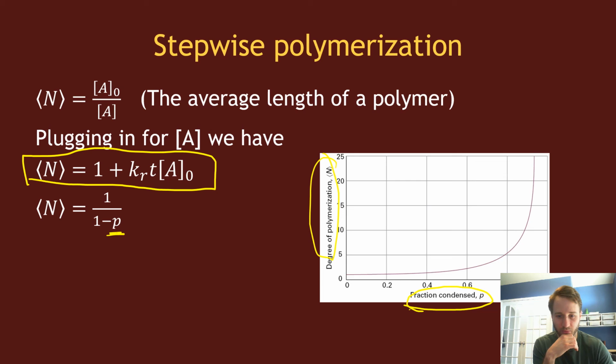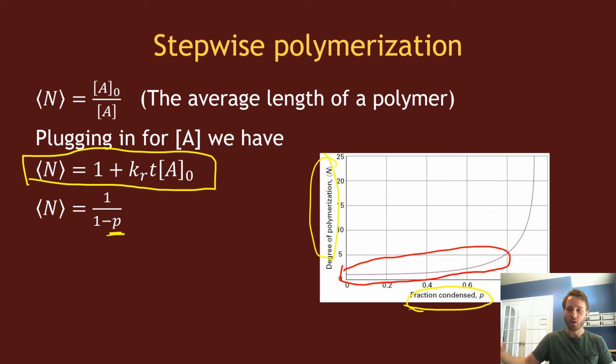The average polymer length is relatively short while most monomers are still alive, because in this stepwise polymerization any monomer can react with another monomer. So initially you're just forming hundreds of length 2, length 3 chains. You only start to get much longer chain lengths once you've used up most of the lone monomers, and now what you're reacting is polymer-polymer reactions.